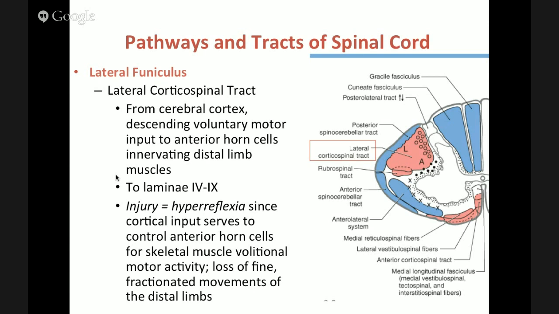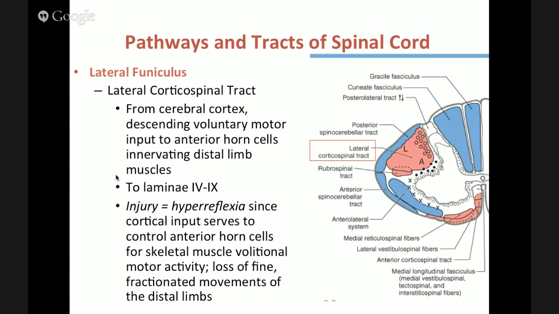And these axons will then terminate on the ventral horn cells, particularly in the lateral part of the ventral horn. If you think about the topography of that ventral horn, where the distal limbs are innervated by lower motor neurons in the lateral horn, then the descending pathways to those motor neurons are coming mainly in the lateral corticospinal tract.